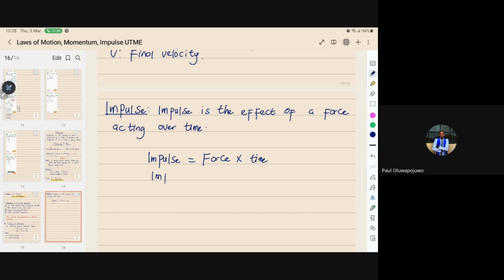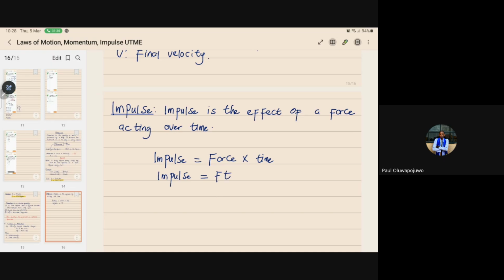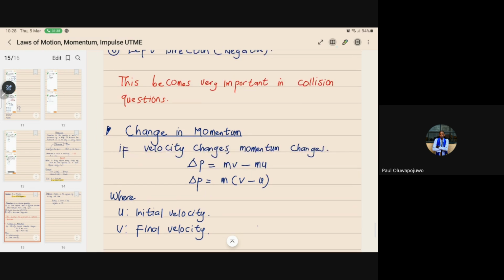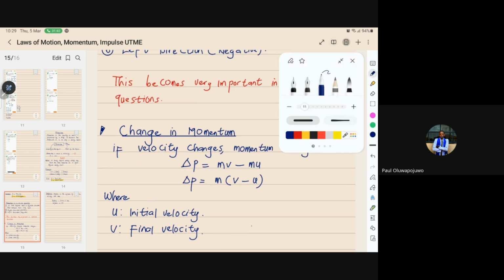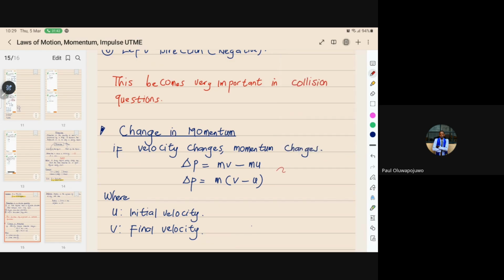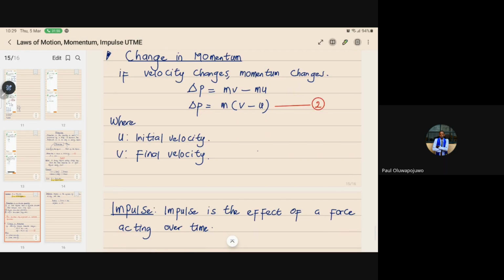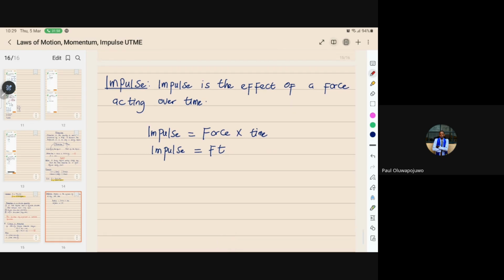So impulse. The way I've been iterating on this impulse, I believe that when I start solving questions, people will be trashing everything. That's what I want to see. You know, when I ask you, people start giving me that kind of answer Lillian gave me yesterday. Very powerful answer. All right, so this is my equation number 3.